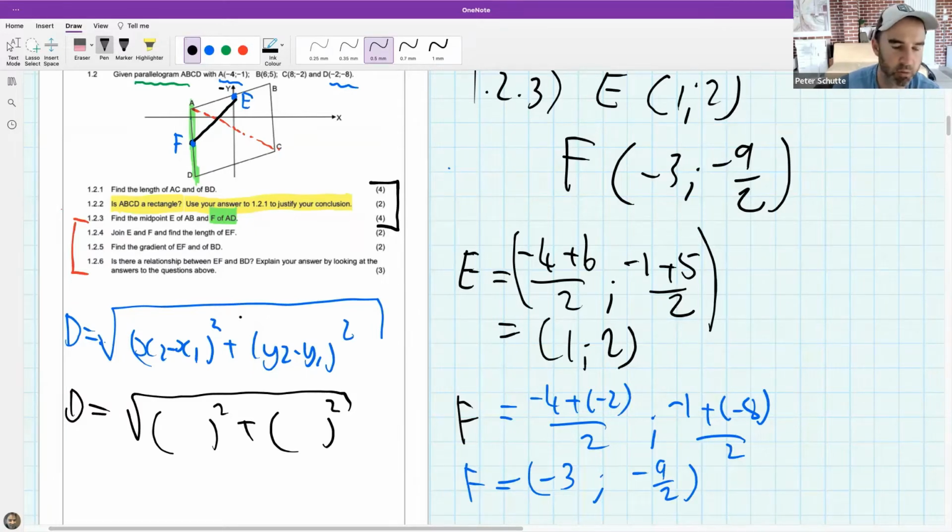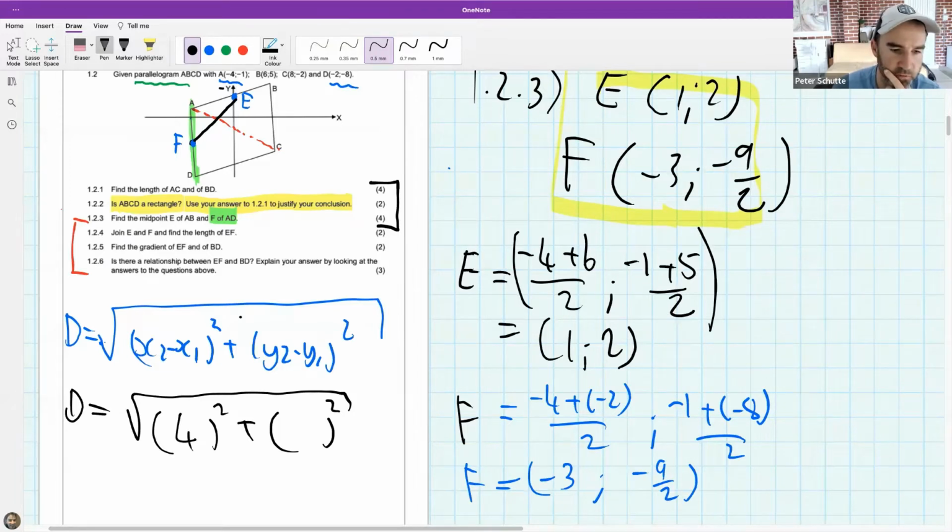And so I will actually work out EF in front of you. The EF is sitting up here, the coordinates of EF. And so how do I use this to work out what it is? Well, let's go 1 minus -3.